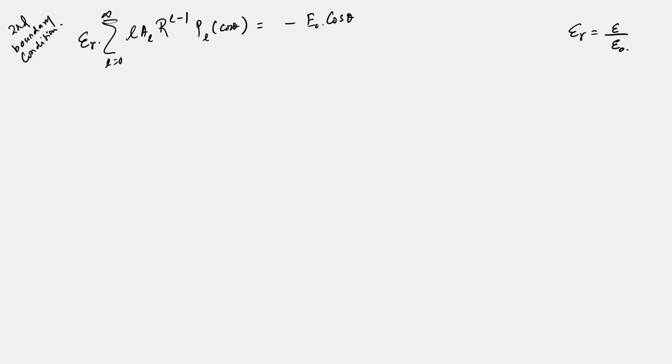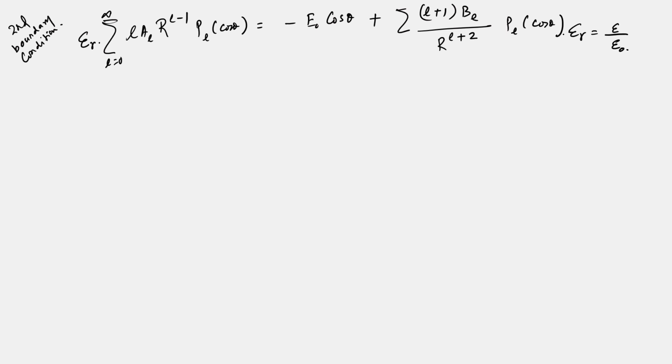I mean this r goes because I take a del del r. And then a plus of L plus 1 B L divided by R^(L+2) and a P L cosine theta. So, this is the second boundary condition.